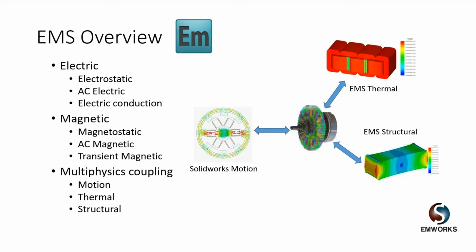All of it you can compute by using the EMS electrostatic solver. A typical application of the electrostatic solver would be high voltage insulation. You can analyze the electric field. You can see if your system is actually going to remain within the boundaries of dielectric integrity.